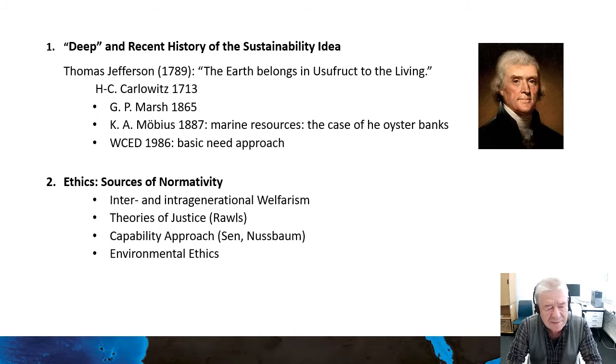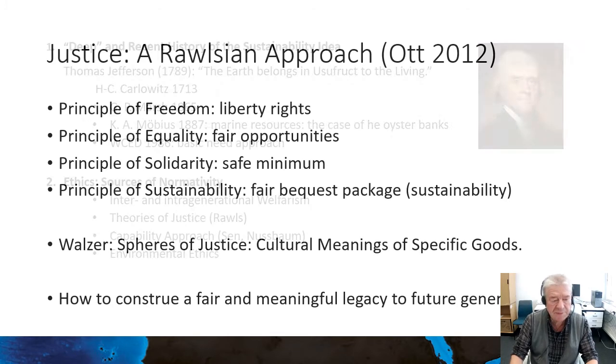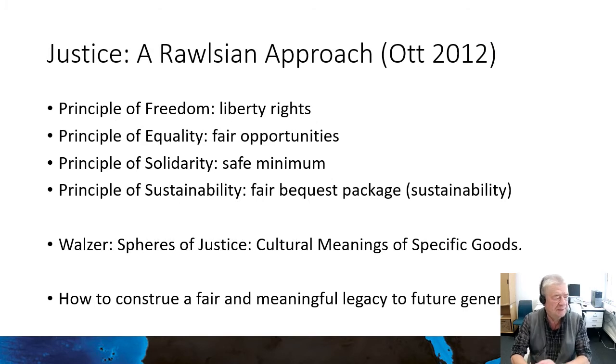In ethics, the sources of normativity, as I told you, might be welfarism, might be theory of justice, or even the capability approach by Amartya Sen and Martha Nussbaum, and might be environmental ethics. I combine a Rawlsian approach to justice with environmental ethics. A word about a Rawlsian approach to justice.